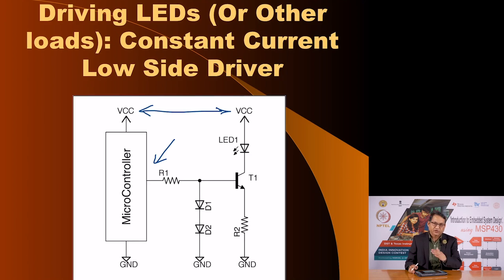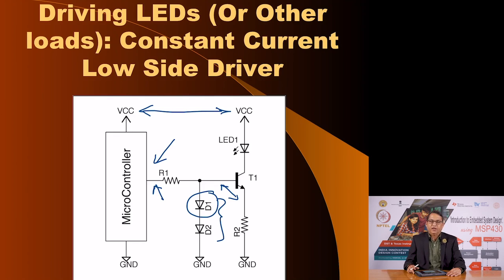The battery voltage will drop over a period of time, but we do not want the current through the LED to vary. And so, what we see is the output voltage is high, and I have used two silicon diodes. One of the silicon diodes is to ensure that it compensates for this VBE across the transistor.